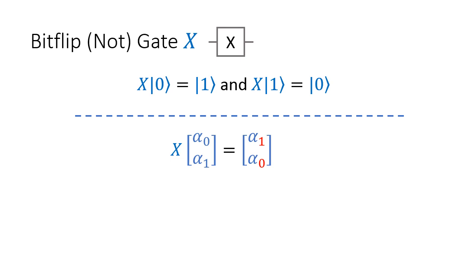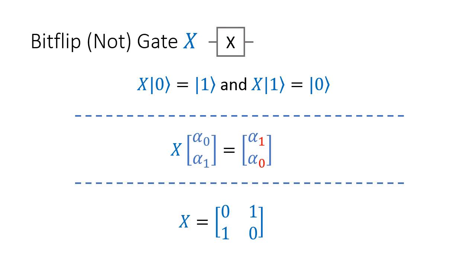If we use the vector expression, we can see that the magnitude, or probability, of state 0 and state 1 flips. And if we write X in matrix form, it will become this unitary matrix 0, 1, 1, 0.